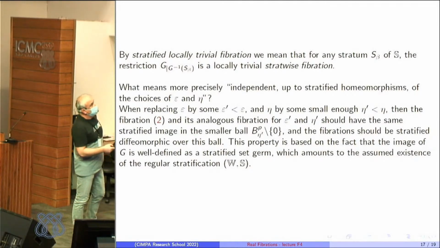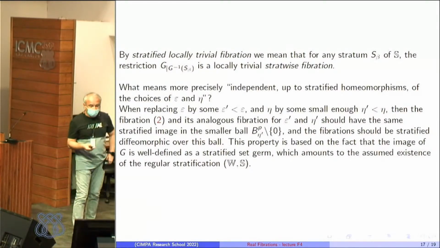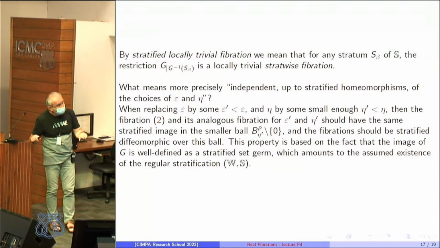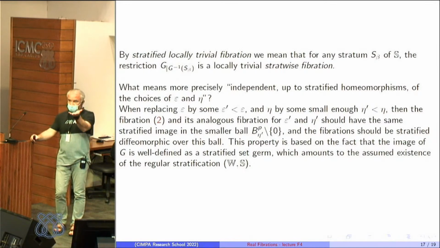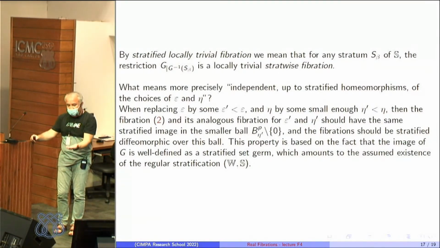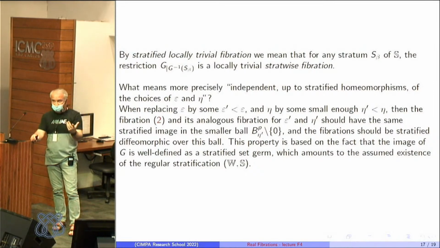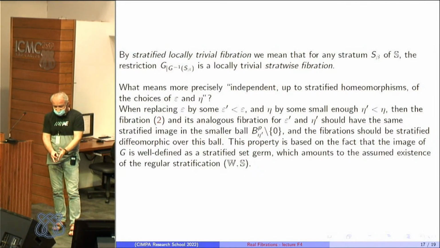And exactly what that means, first of all, when you say that it's a stratified locally trivial fibration, means that for each stratum in S, if you look above the stratum, you take the restriction of G to the preimage of that stratum, what you get is a locally trivial stratwise fibration. So on each stratum in the target, above it, you have a fibration.